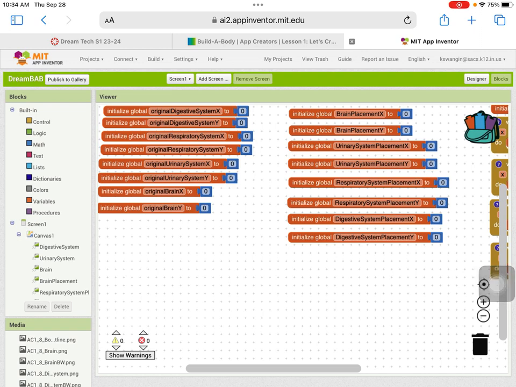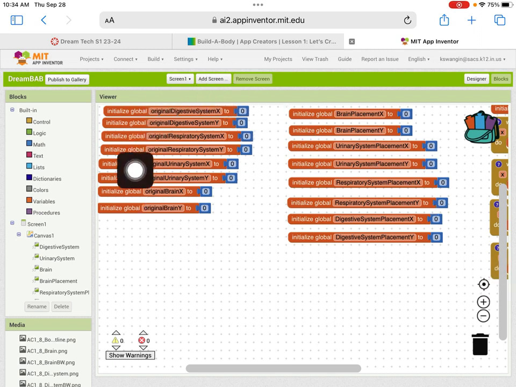So I'm actually going to do this on a piece of paper because I hate flipping screens. So on my paper, I'm going to write DS X and Y, brain X and Y, respiratory XY, urinary XY.